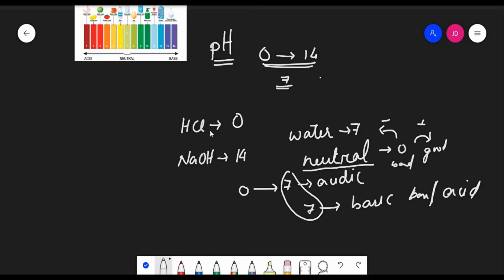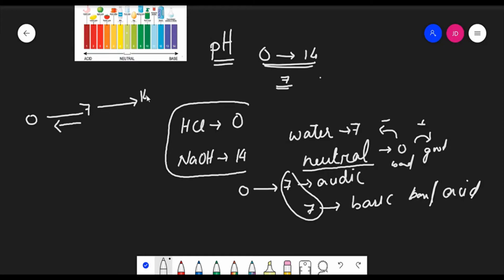So this is how we determine how strong an acid is. If you go from 0 up to 7, the more downward you go, the stronger the acid will be. If you go this side up to 14, the more you go towards 14, the bigger the number is, the more basic it is. I hope you got it.